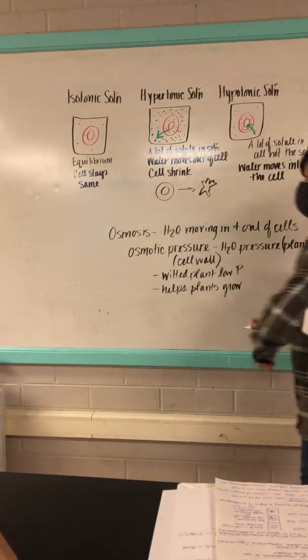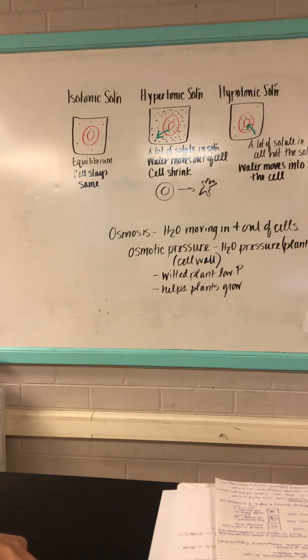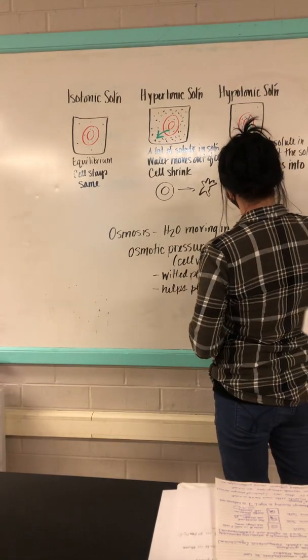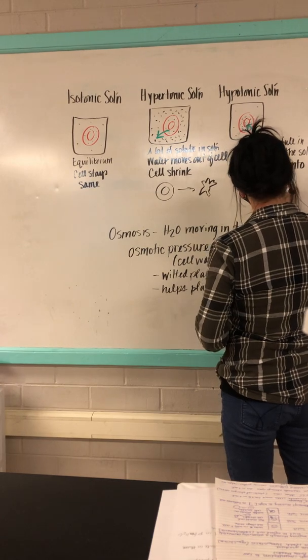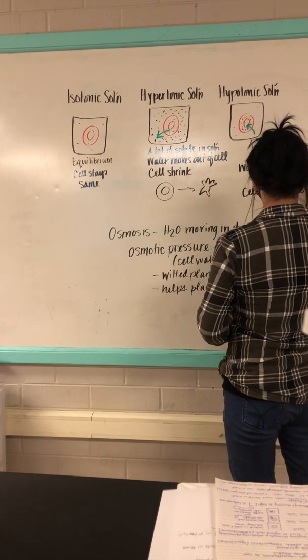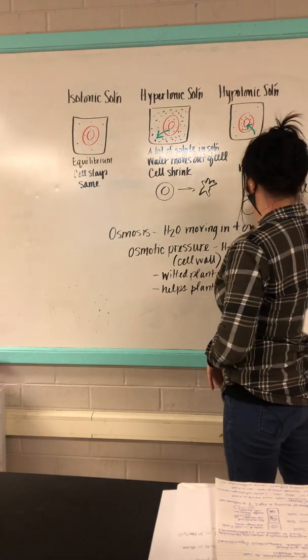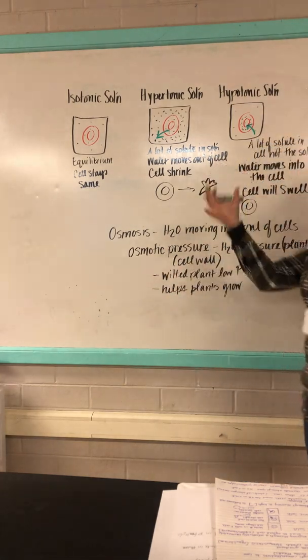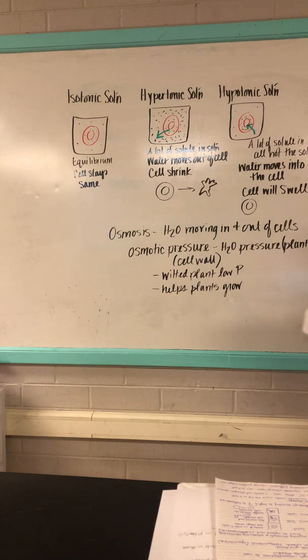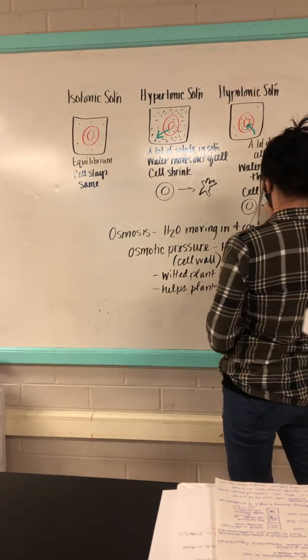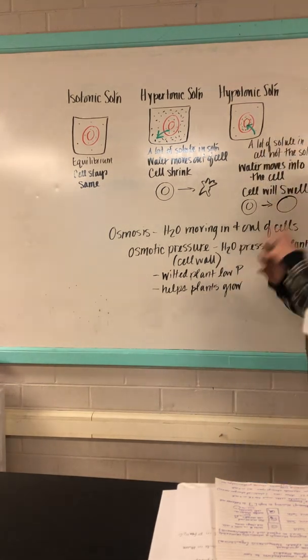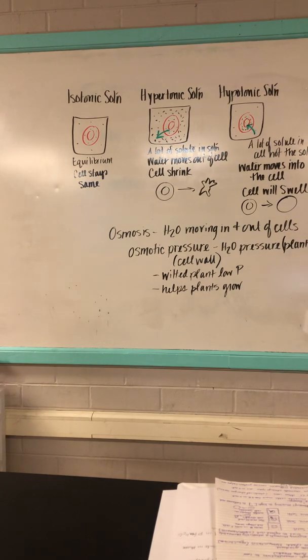So if you're pumping water into the cell, what's that cell going to do? Inflate. Yeah, it's going to swell up. So this cell will swell. Okay? So instead of it being this little red blood cell, it's got the little bubbles on the outside and then it's thinner in the center, it's just going to move into being this really puffed out cell all over.